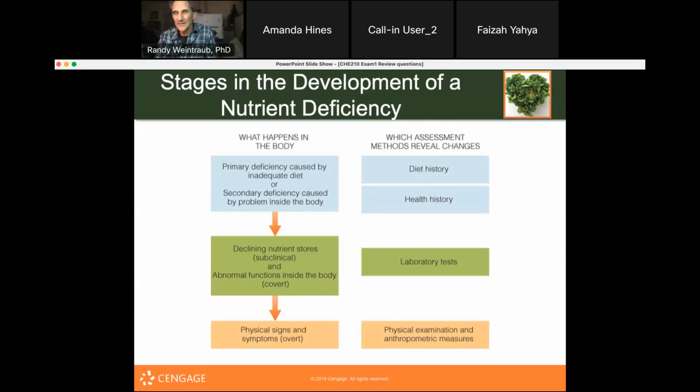How do dietitians and physicians and healthcare providers evaluate health status related to nutrition? It could be diet history, health history, lab tests, and physical exams, growth of the body, that sort of thing.